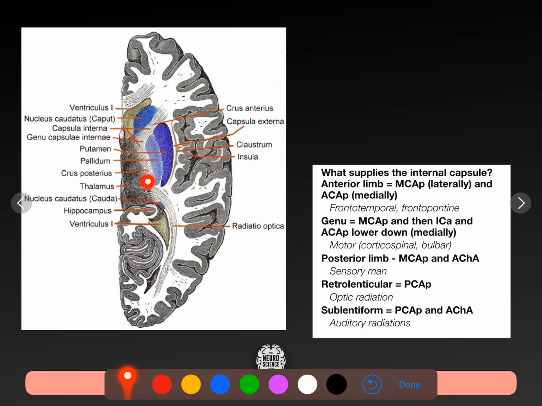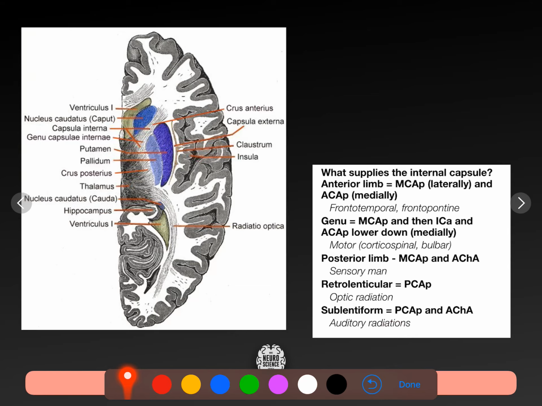The sublentiform travels underneath to go to this temporal region. This is the lateral sylvian fissure. If you open this up, you find the insular cortex, but you also find the primary auditory cortex and the auditory association cortices, because we're deep in the temporal lobe here. So the auditory radiations move here.